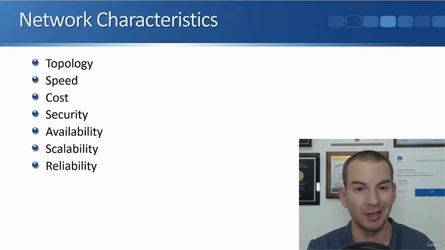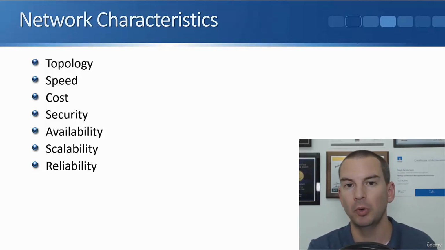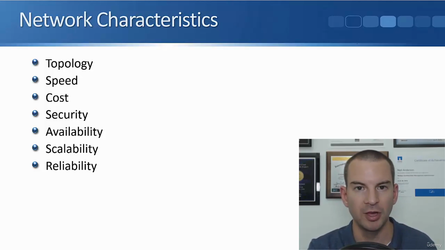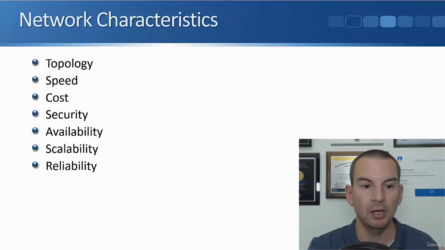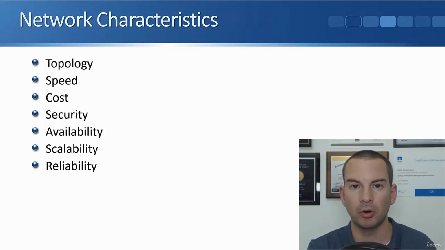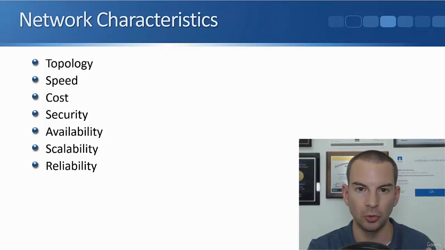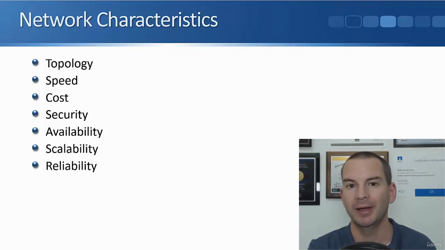And for mission critical components in the network, typically we don't want any single points of failure, so we will double up on those components so that if any one fails, we've got an alternative component that will still be up and running. Scalability is also important. We want to design the network in such a way that it's easy for it to grow with our company without requiring a redesign. And reliability, similar to availability, where we want to make sure, again, that the network is going to be reliable, and it's going to continue to work.